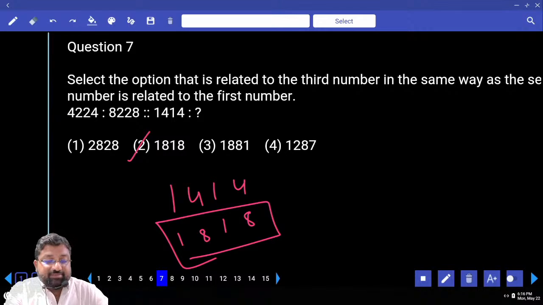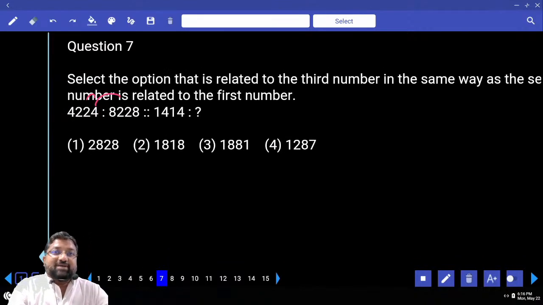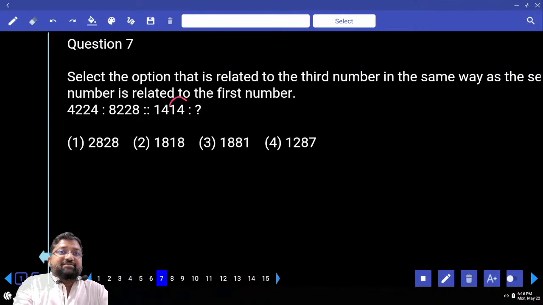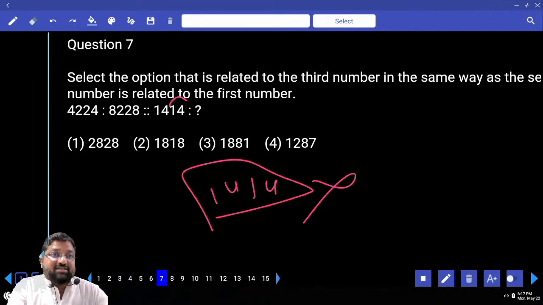The other number is remaining the same. Is it clear or not? Sir, why did he make 4 as 8? Maybe the other number is 2, so he multiplied by 2. Maybe he is multiplying this 4 by 2 and that is the reason why this 4 became 8. If that is the logic, this 4 should be multiplied by 1 and it should become 4. Then the answer should be 1 4 1 4, but 1 4 1 4 is not in the options.